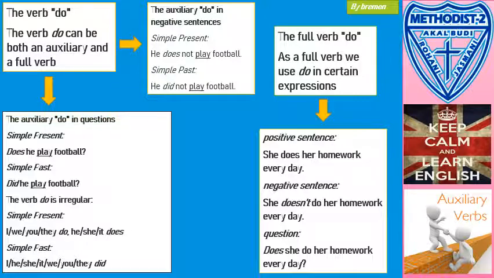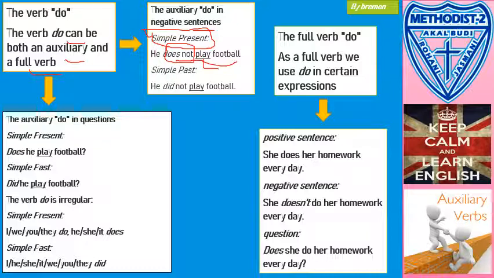The next one, the last slide that we need to discuss, is the verb "do". The verb "do" can be both an auxiliary and a full verb. As the auxiliary, "do" appears in negative sentences, like "does not play football". "Does not" here is for the present simple, and its function is the helping verb for "play".